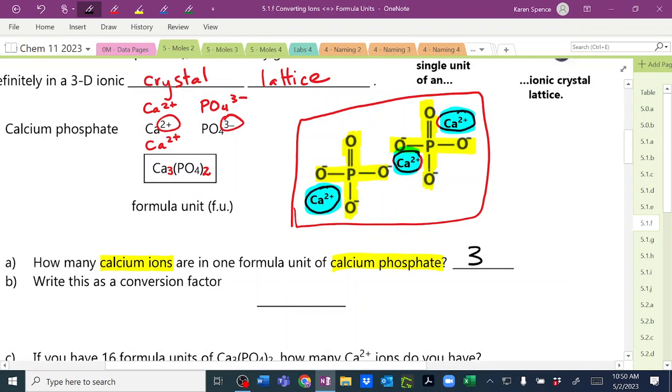Let's write this as a conversion factor. We have 3 calcium ions per 1 Ca3(PO4)2. And there is something wrong with what I've written. See if you can figure it out. Brackets? Yeah, actually, don't need brackets here, but I do need something else.